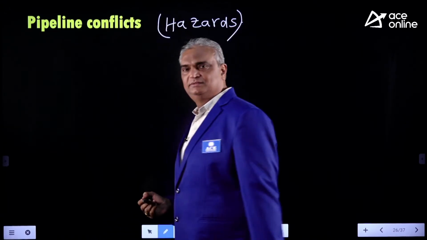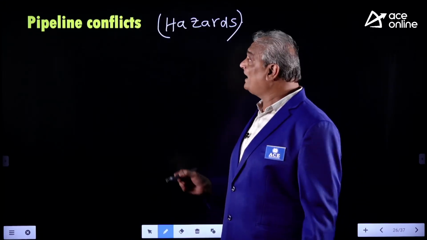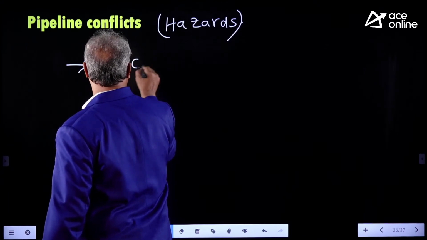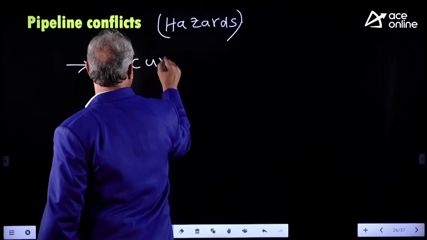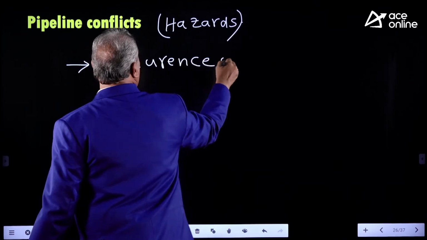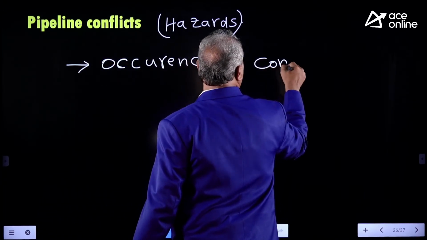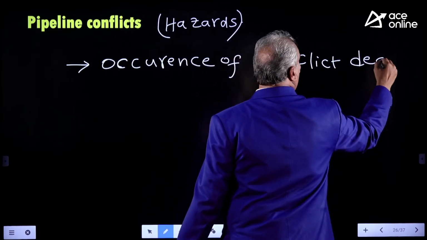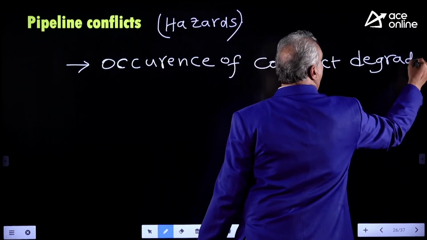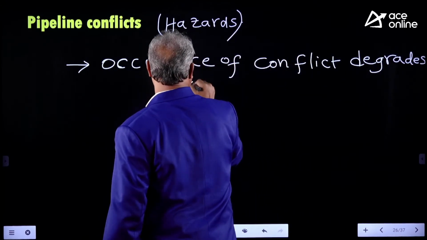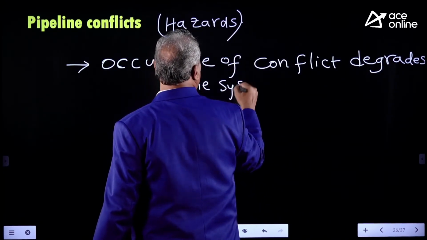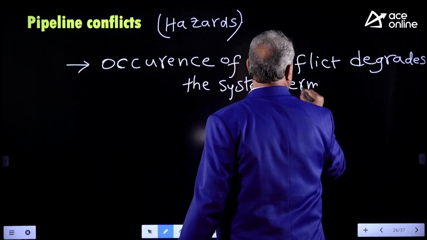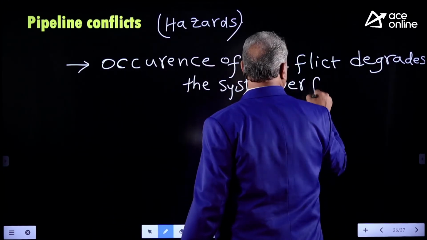Occurrence of conflict degrades the system performance, meaning some number of clock cycles are wasted.